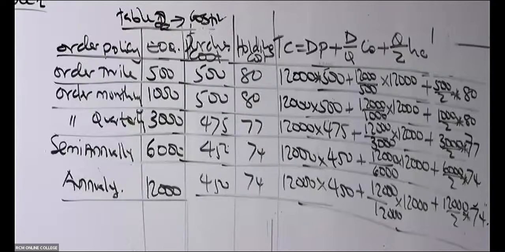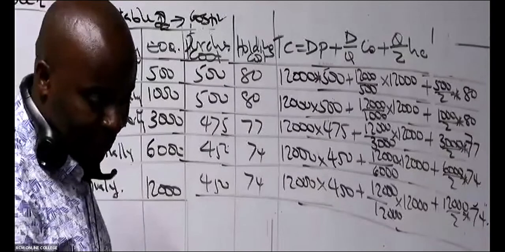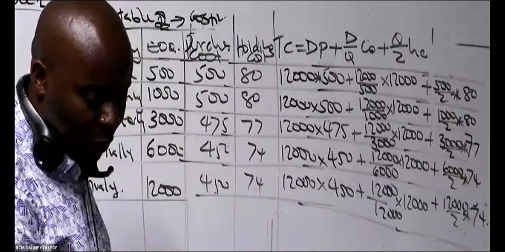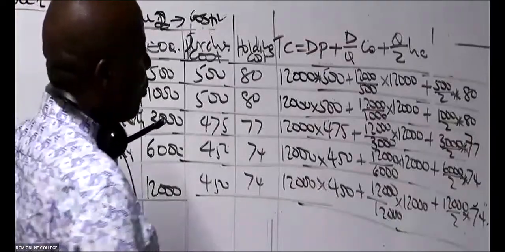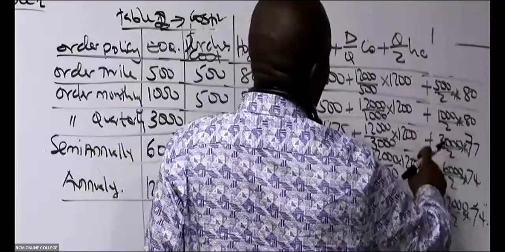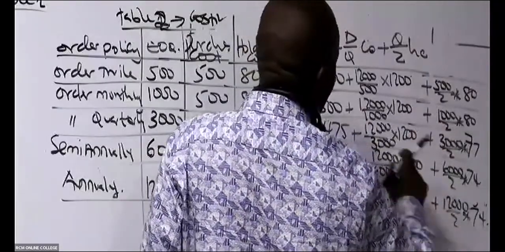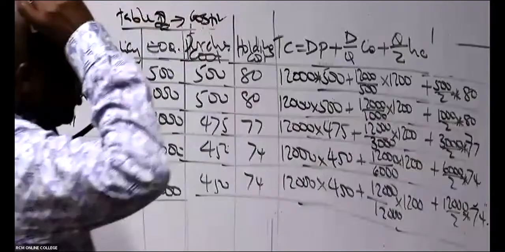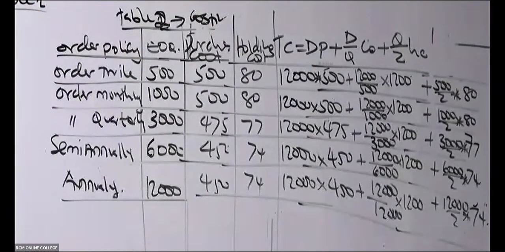Give me this total cost pretty fast. 12,000 times 500 plus 12,000 over 500 times 12,000 plus 500 over 2. You have written, sorry, I think there is an error somewhere. It is 1,200, not 12K. Thank you so much. For our future generations, we shall have correct answers.